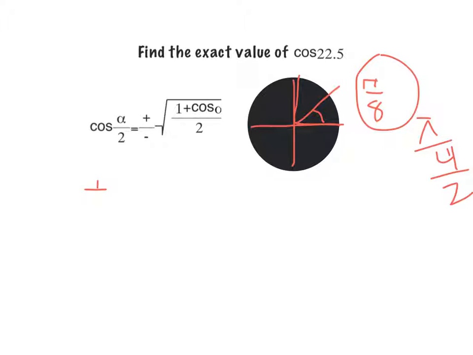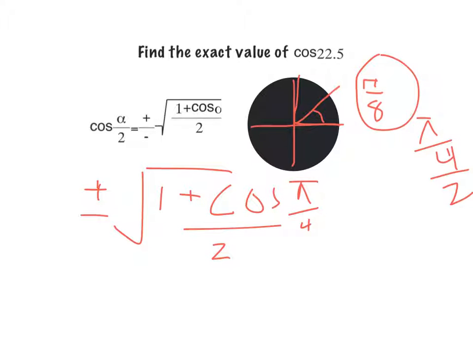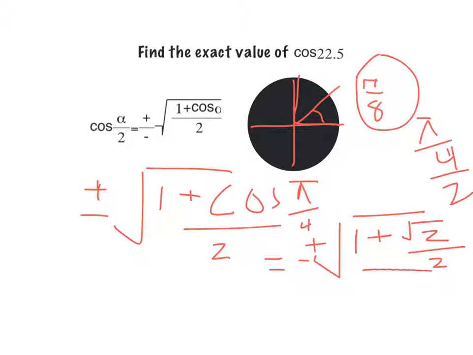We can take plus or minus the square root of 1 plus cos pi over 4, divided by 2. This gives us the square root of plus or minus 1 plus root 2 over 2, divided by 2.